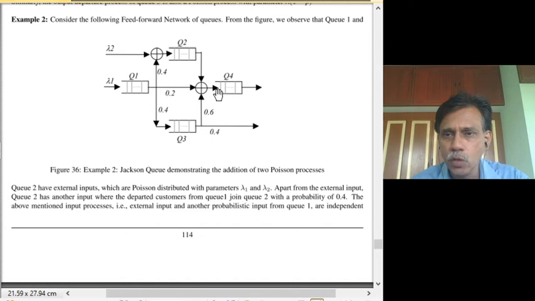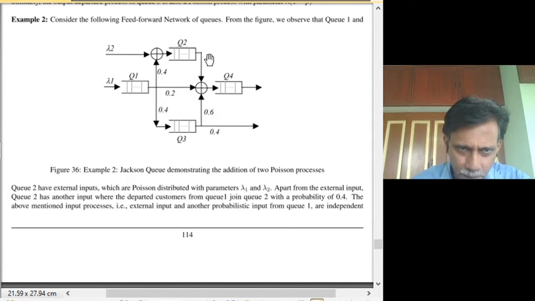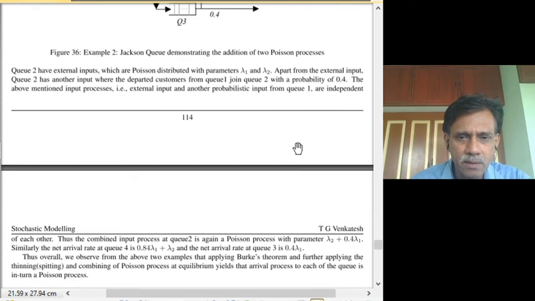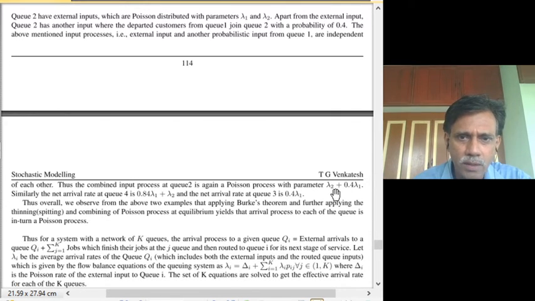And the arrival rate to Q4 is 0.2 lambda 1 plus lambda 2 plus 0.6 lambda 3. So this way we can find the effective arrival rates to each of these queues, and then you can find the probability that there are a certain number of customers in Q1, Q2, Q3 and so on.